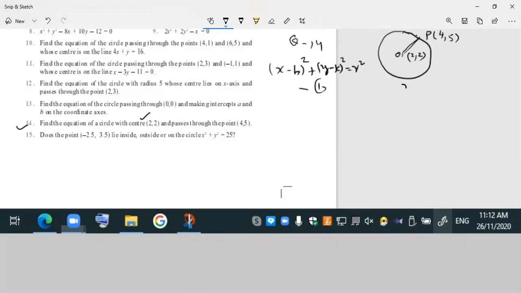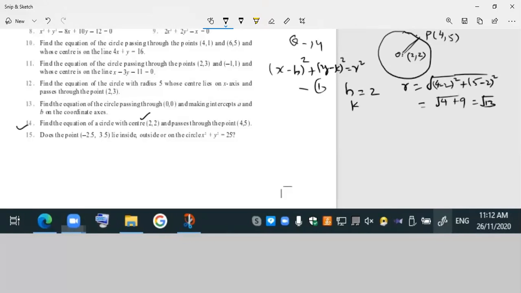The radius is the distance between O and P, which is the square root of (4 minus 2) whole square plus (5 minus 2) whole square. 4 minus 2 is 2, 2 square is 4; 5 minus 2 is 3, 3 square is 9; 9 plus 4 is 13. So the radius of this circle is root 13.